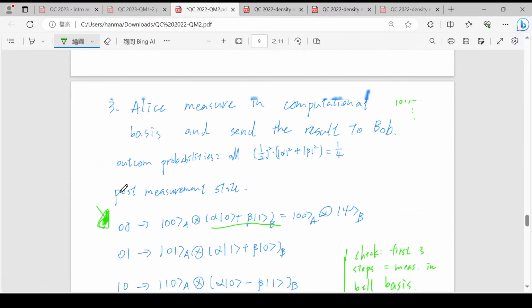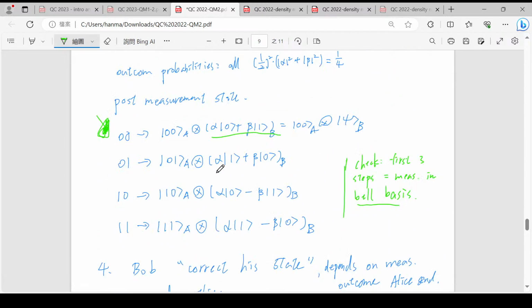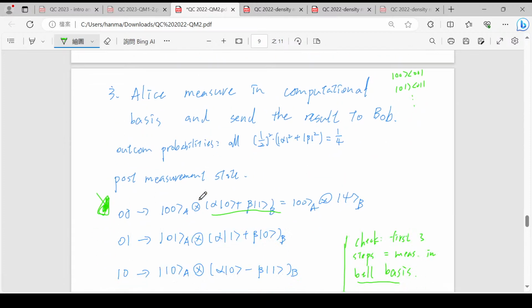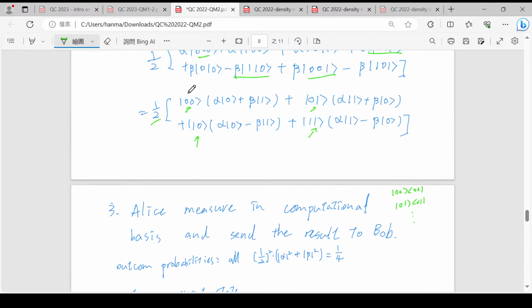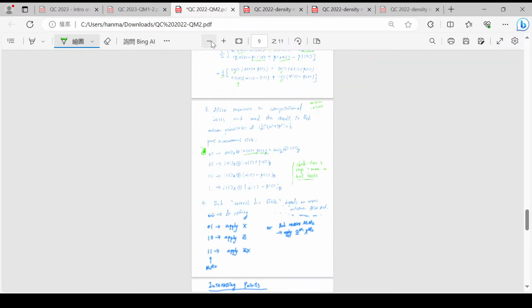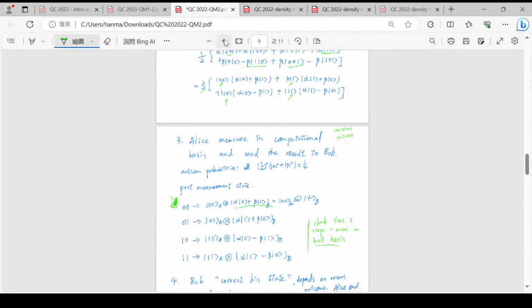And more interestingly, what's the post-measurement state? So you renormalize this 1 over 4 away, and basically cancel all these 1 over 2. And so the post-measurement state, if you get this 0, 0 outcome, then the post-measurement state is this alpha 0 plus beta 1.